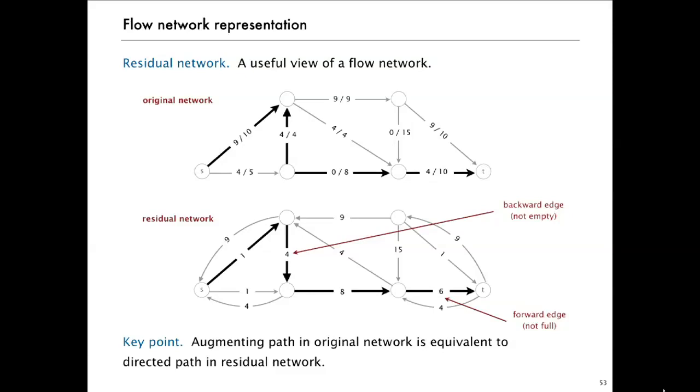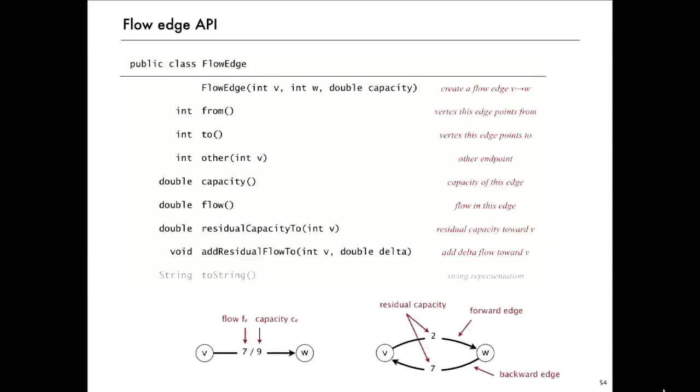So that's an augmenting path in the original network, and that just turns out to be a directed path in the residual network. So then we can just use our algorithms that we've already studied for finding directed paths in the residual network.